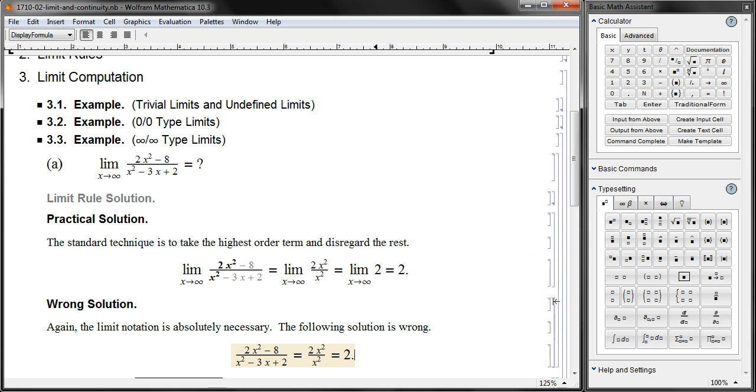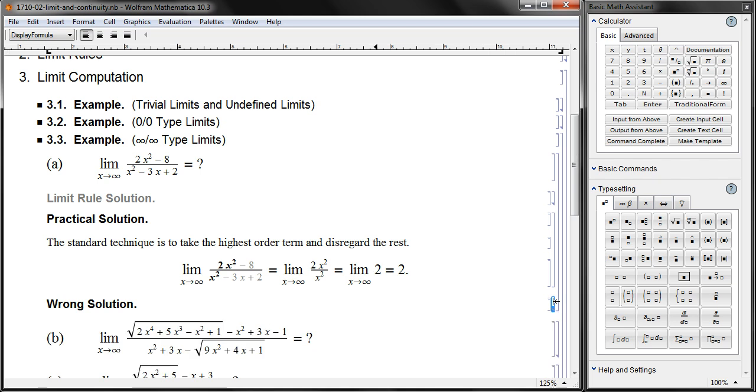So make sure you have appropriate limit notation as long as you have all the x's in place. Now this limit, you can throw that away as a matter of fact, because I don't have x in there. It's okay to have it, but you can throw it away. But this limit is absolutely necessary. As long as you have an x expression in there, you need the limit notation.